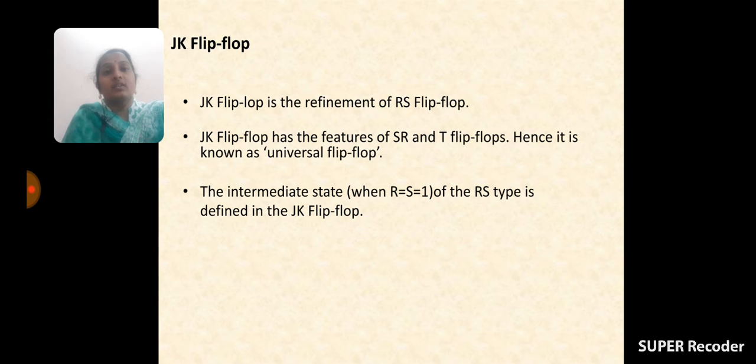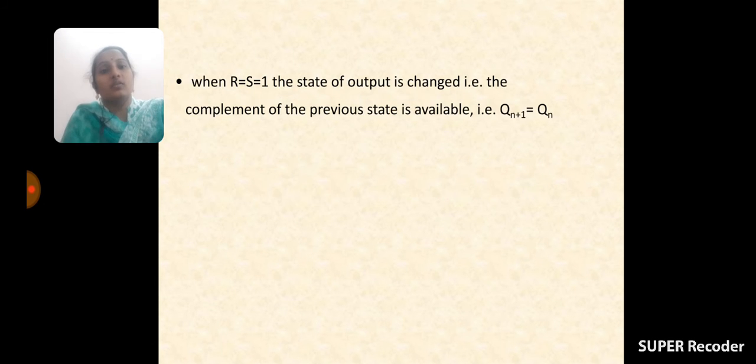The JK flip-flop has the features of SR as well as T flip-flop. Sometimes it is also called universal flip-flop. Why? Because here no hold condition or no change condition is there. That's why it is also called universal flip-flop. When R is equal to S is equal to 1, the state of output is changed in the JK flip-flop.